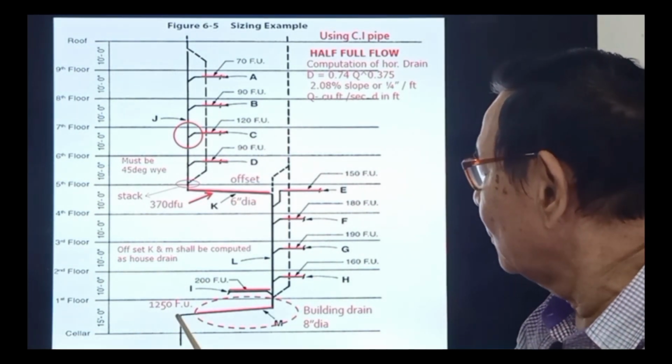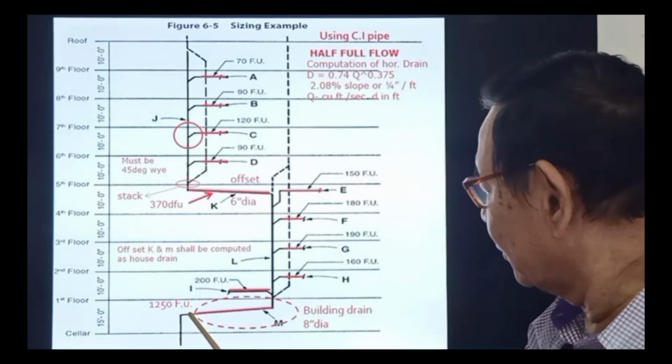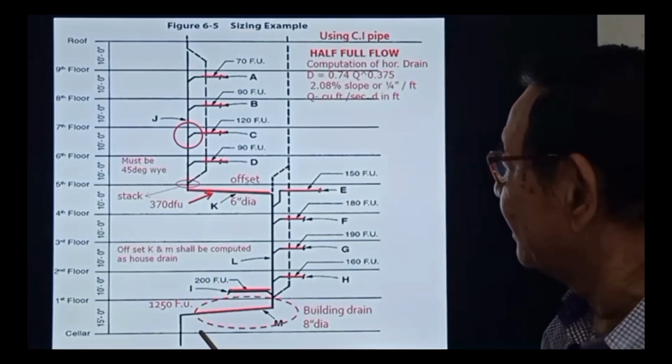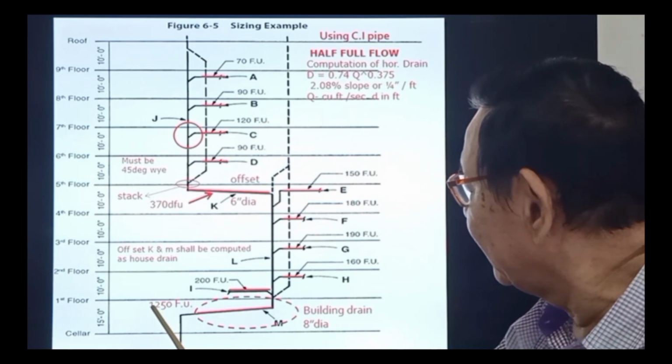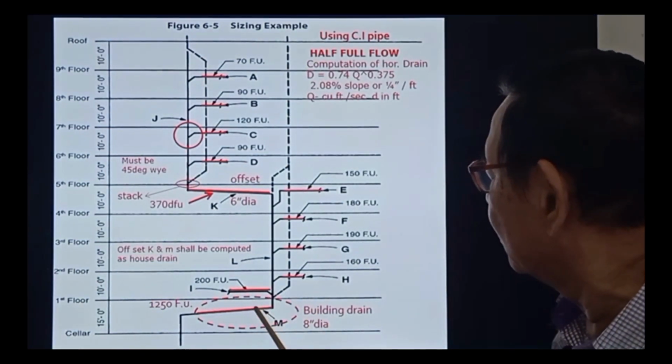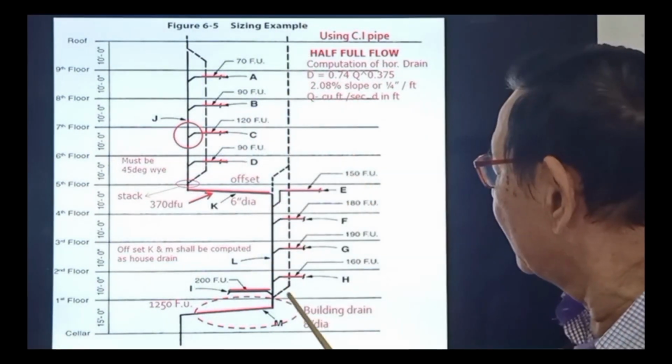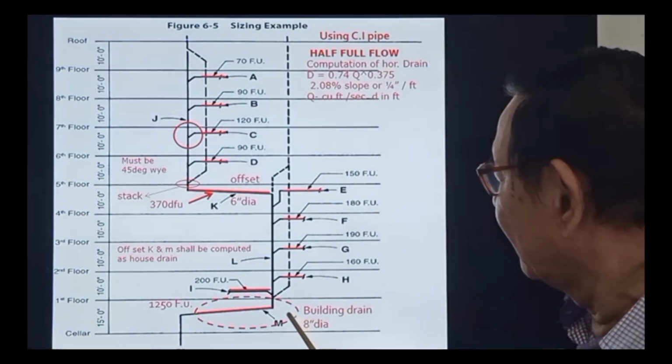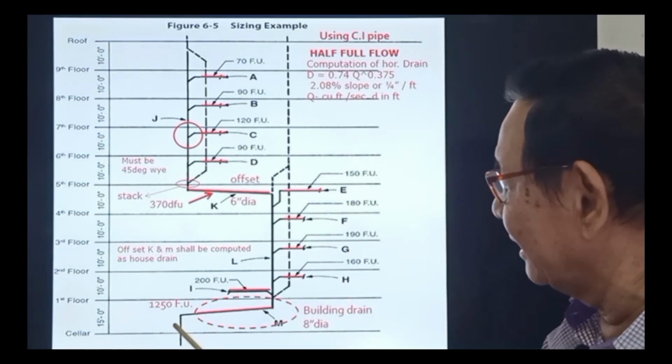So we know all the red ones are being computed. I show you already the fixture units, because this is the total of all the fixture units we'll have for the building drain. I computed it already as 8 inches diameter.